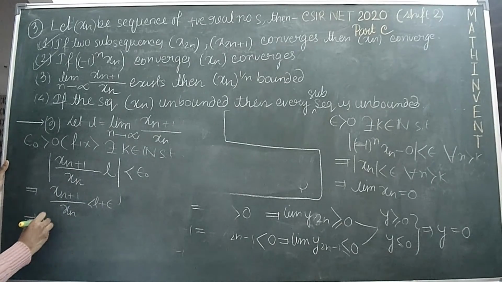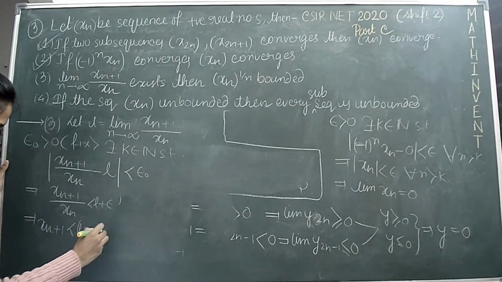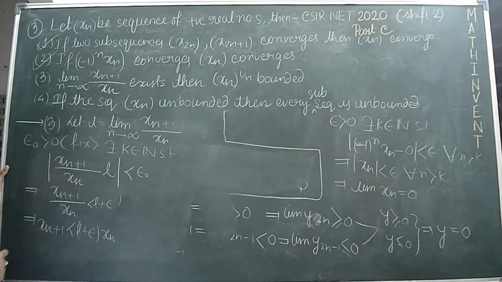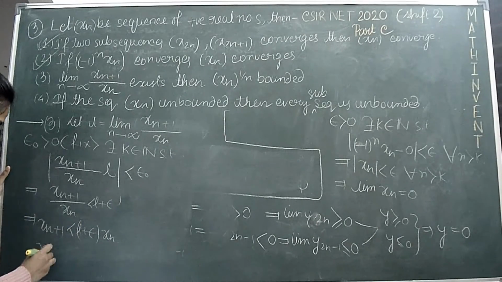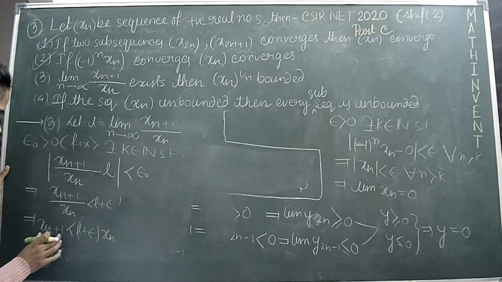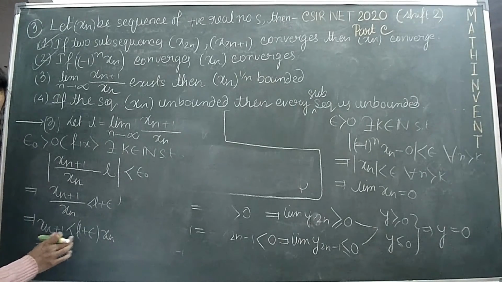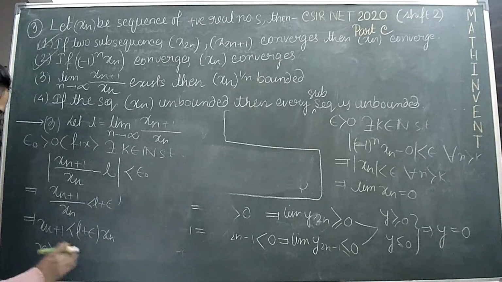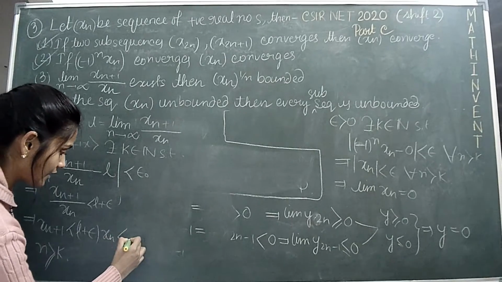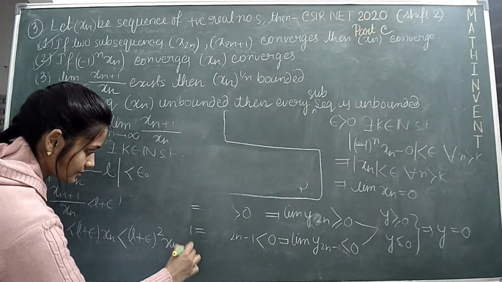This implies xn plus 1 is less than L plus epsilon into xn. This holds when n is greater than or equal to k. So xn plus 1 is less than L plus epsilon xn. If we use the same result for xn, we will have (L plus epsilon) square xn minus 1.